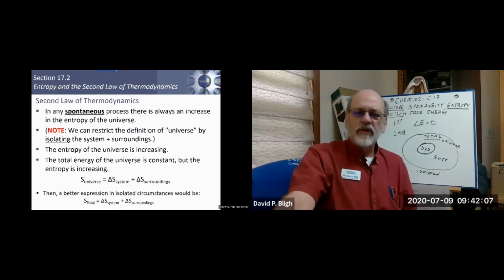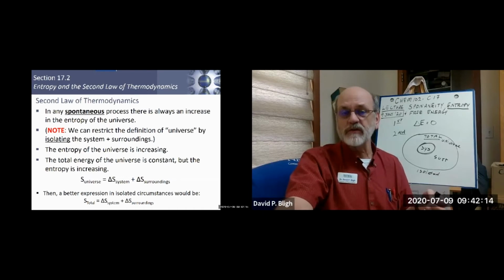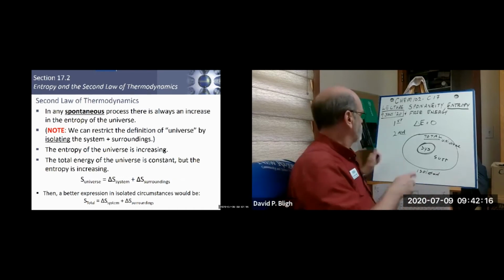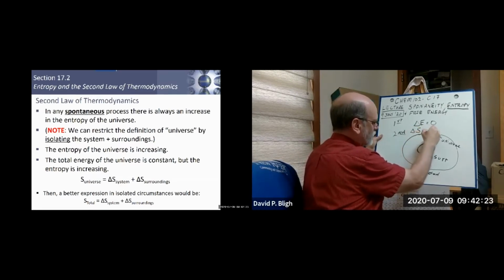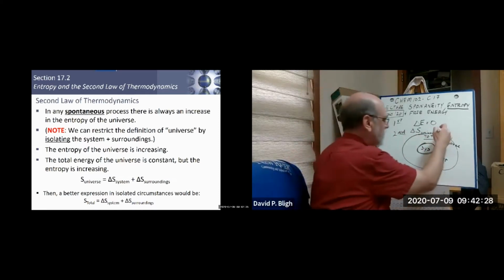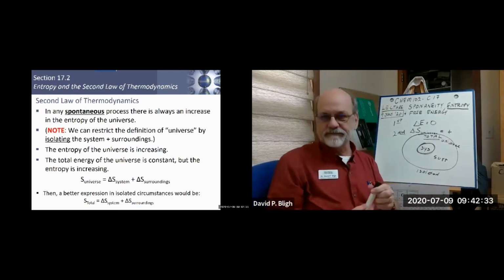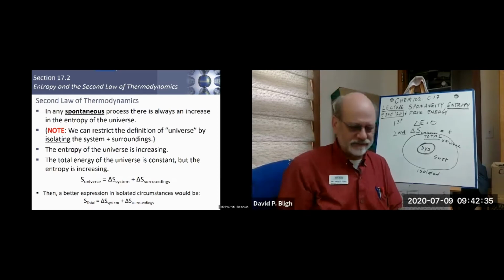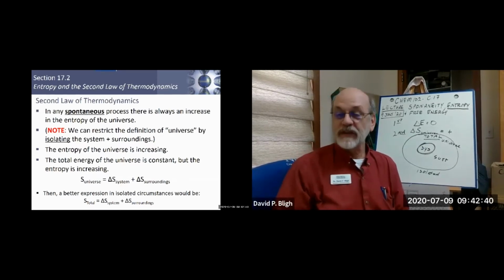So the second law of thermodynamics says that the entropy of the universe, and this is true for the entire universe, not just total, the entropy of the universe is increasing. So for the universe, that's the true universe, the change is always positive. You may have heard the expression, the universe is running downhill. Right? That's what they mean.